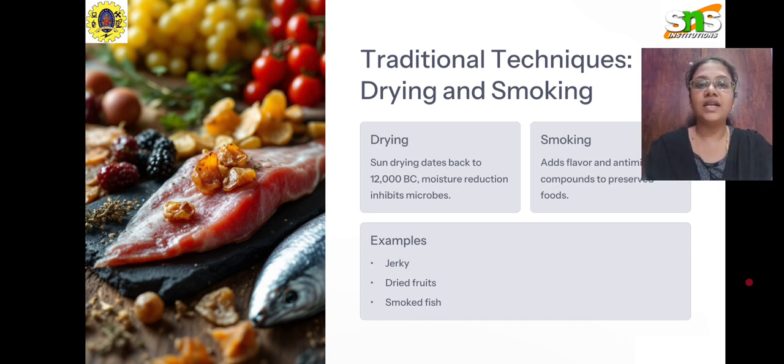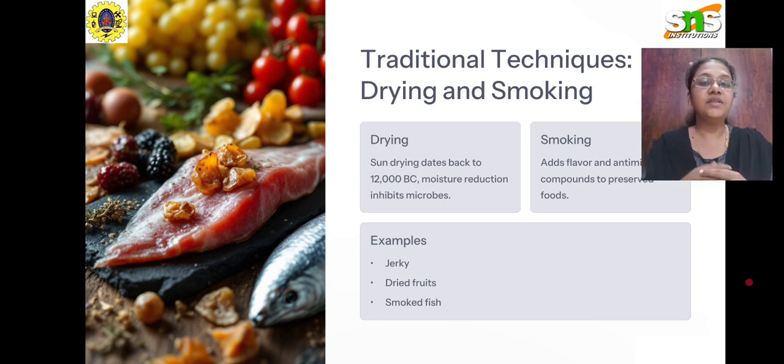Smoking is adding some antimicrobial compounds to the food, by passing the food through smoke. It will preserve the food, but additionally it will add some flavor changes to the existing food, giving an enhanced taste that tempts the end user to consume it.